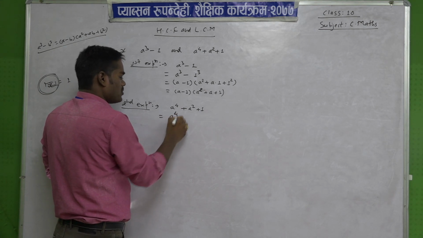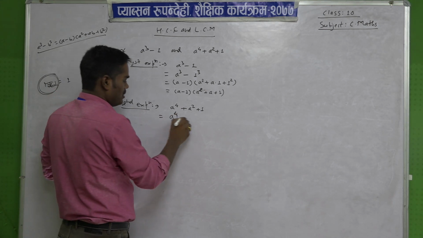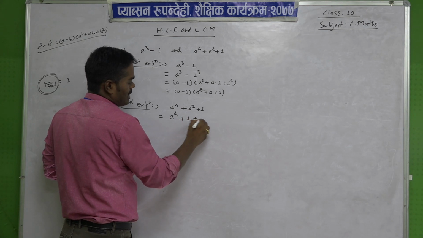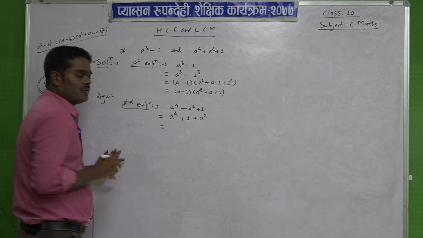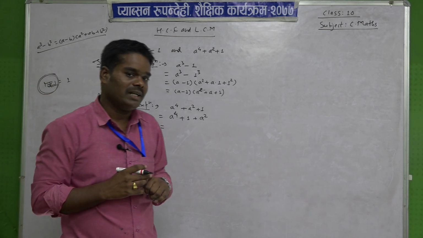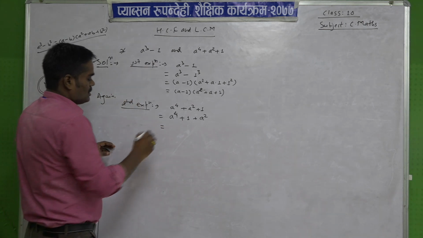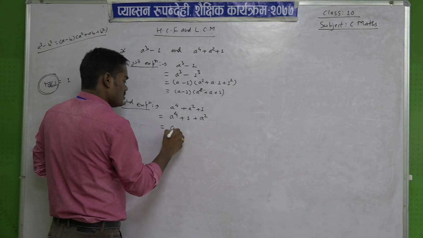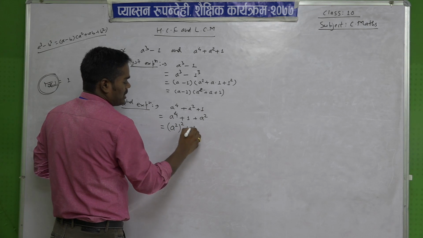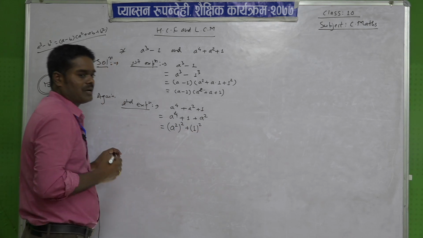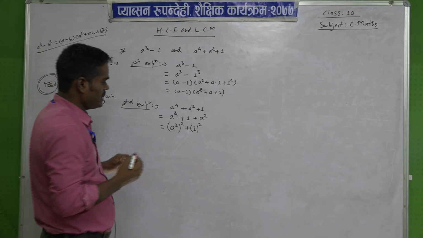For that you have to write a power 4 plus the last term here and the middle term at last. Then we have to convert it in the form of a square plus b square. So it became a square whole square, and we can write 1 as 1 square, because the square of 1 is 1, my dear students.